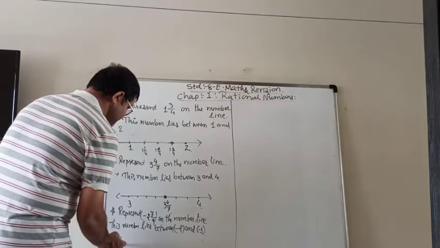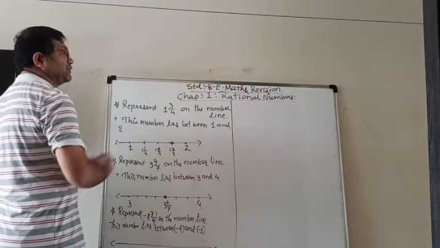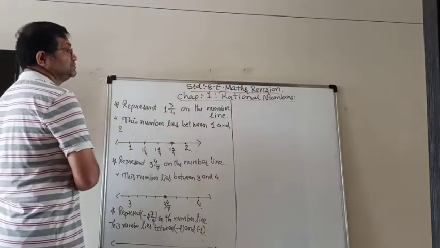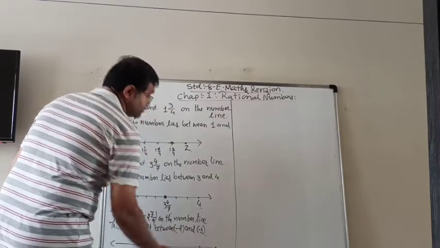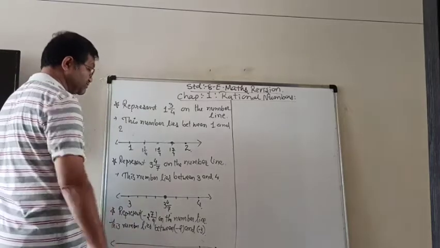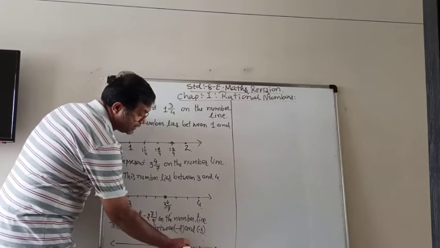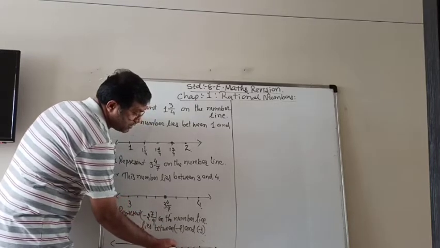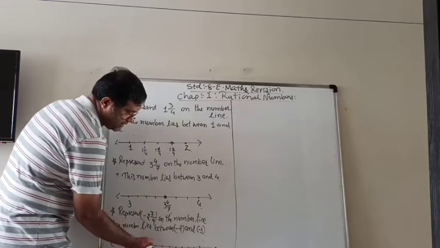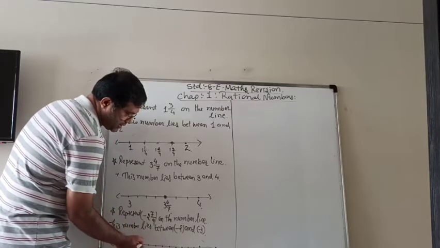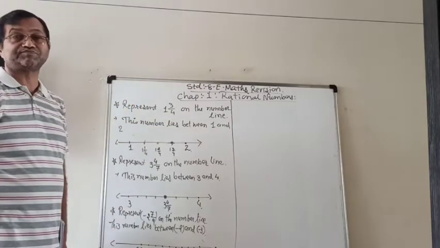So here, now we know that negative numbers start from that to that, this side. So here you can take minus 2 because minus 3 will be this side. And how many parts we have to make? 9 parts. So 1, 2, 3, 4, 5, 6, 7, 8 and 9 part. At 9 part you write down minus 3.